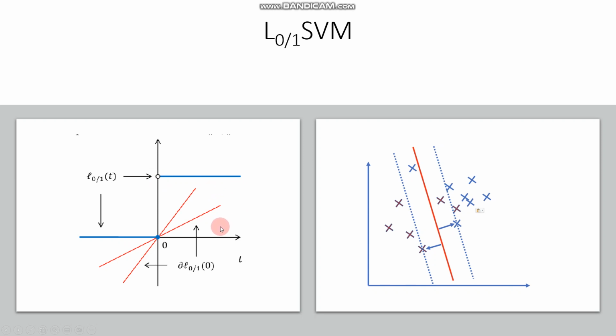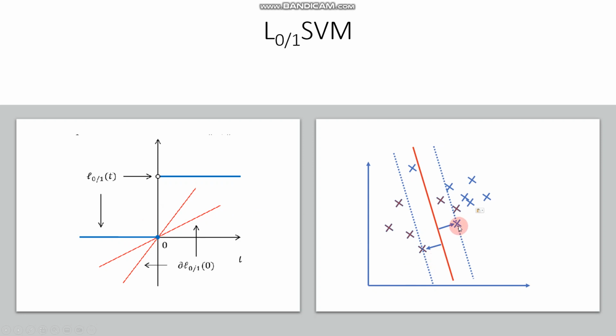And it doesn't take the distance from the optimal separating hyperplane into account. It directly assigns a loss of 1. And if it's correctly classified, again without depending on the distance from the optimal separating hyperplane, it assigns 0, no loss. It's a binary loss overall.